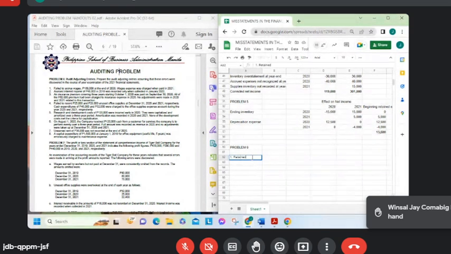So we have to recognize a debit to retained earnings of 160,000 and a credit to wages expenses. Reverse the entry created in the current year. The entry was, when the entity paid the wages in 2021, a debit to wages expense, credit to cash.